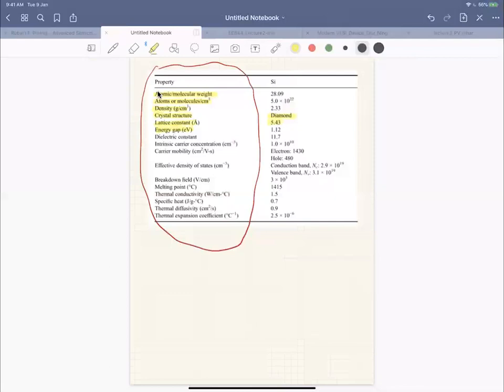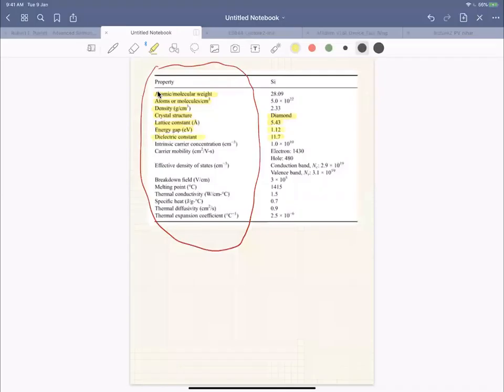The band gap of silicon is 1.12 electron volt. The dielectric constant is 11.7, and there are also a couple of other things which we'll discuss, like intrinsic carrier concentration, carrier mobility, effective density of states, breakdown field, melting point.